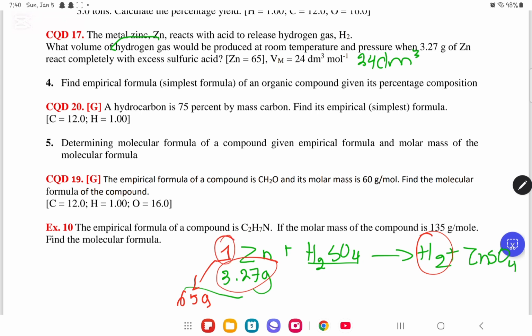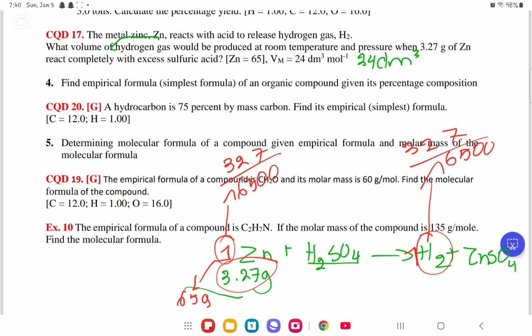Now, it was 1 mole, and then it became 327 divided by 6,500 moles. Okay, so 1 H2 is also gonna become 327 divided by 6,500. By now, it should be really easy to do stoichiometry. Okay, so how do we find the volume of H2?